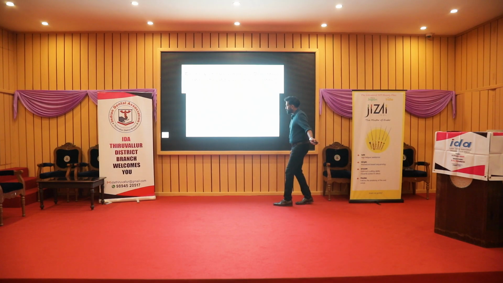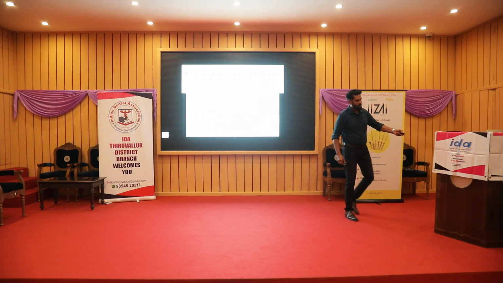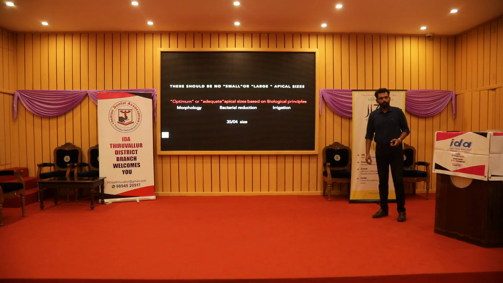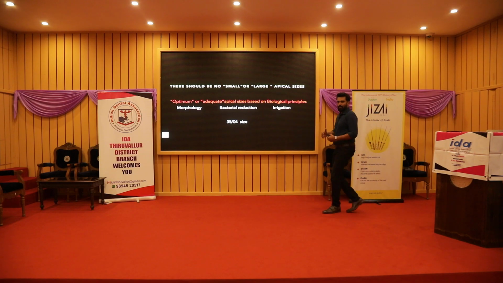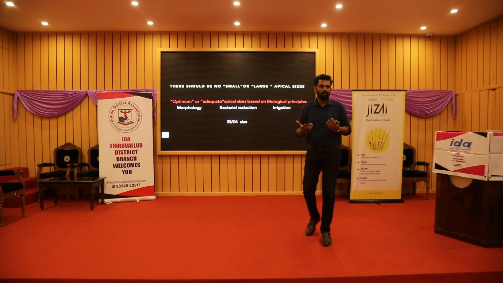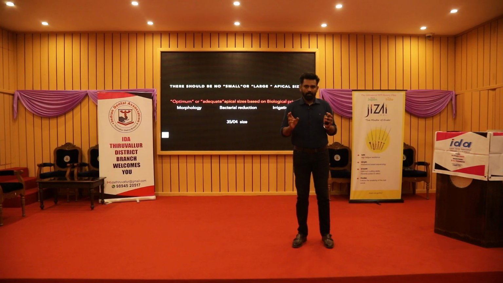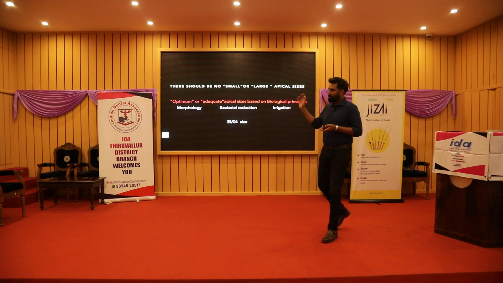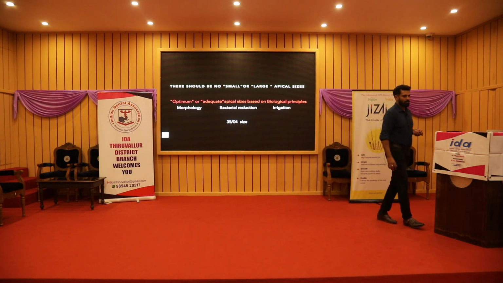So the optimal enlargement of the canal should be at least size 35. You can start with 20, 25, 30 and 35. But whether it is practical for every case depends. So at least optimal enlargement should be 35, not more than that.